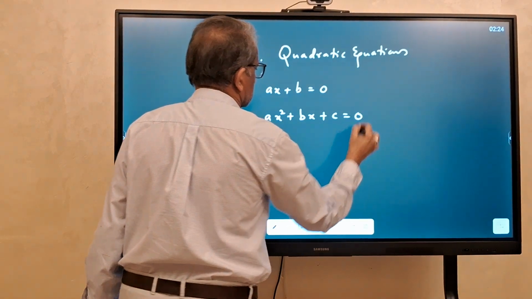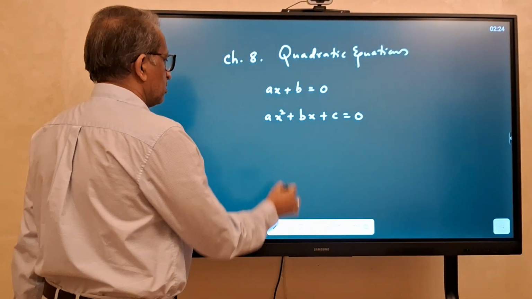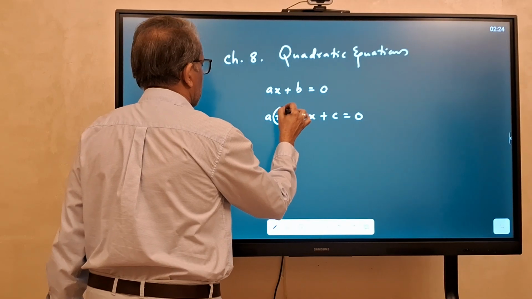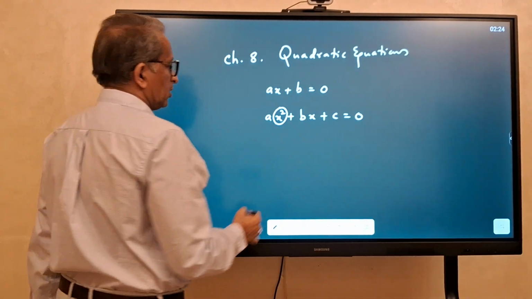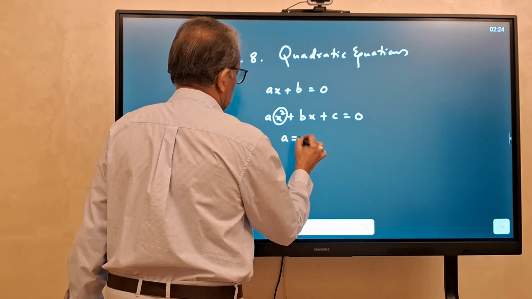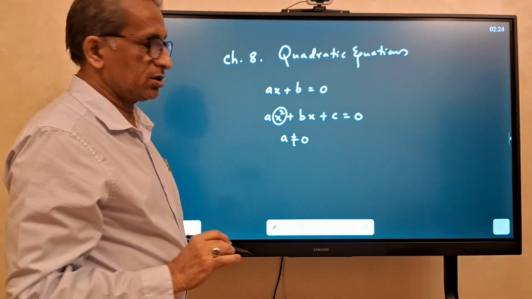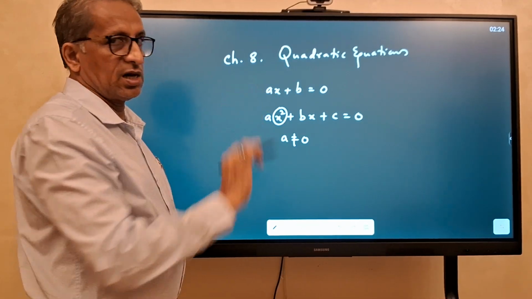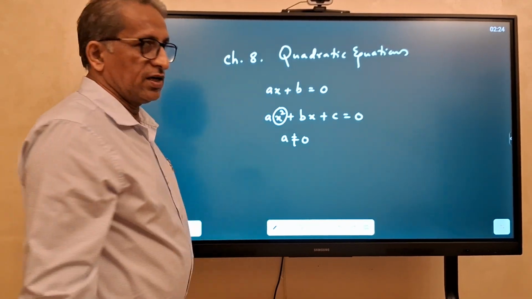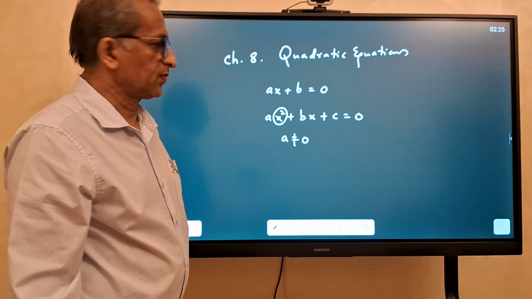which is of this type, where the highest power of x is 2. And here a is not 0, b can be 0, c can be 0, and here a, b, c are real numbers and the variable is x.